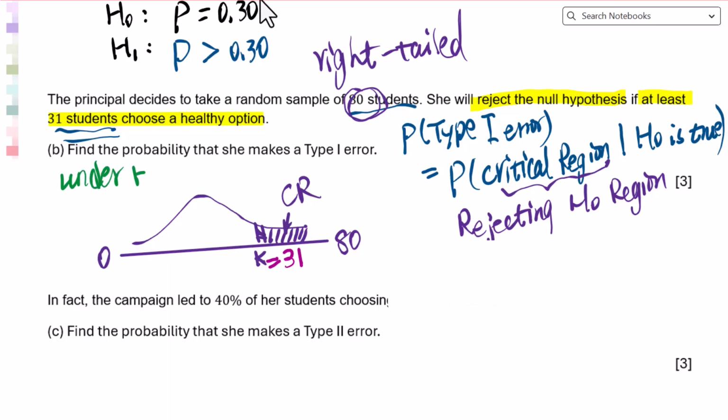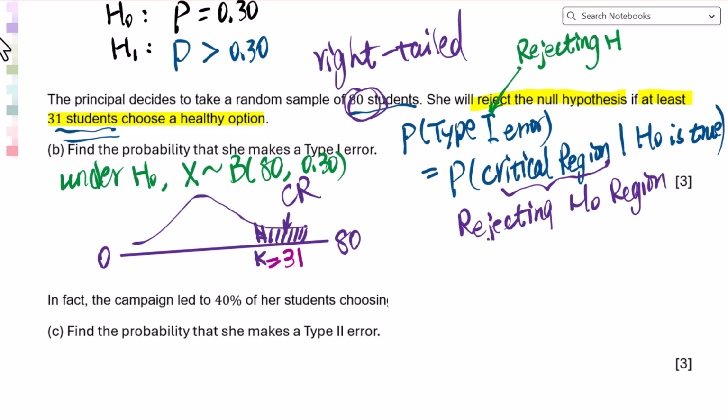Under H0, X follows binomial distribution with 80 as the sample size, 0.30 as the probability of success. Let's talk about type 1 error. It means rejecting H0 when H0 is true.